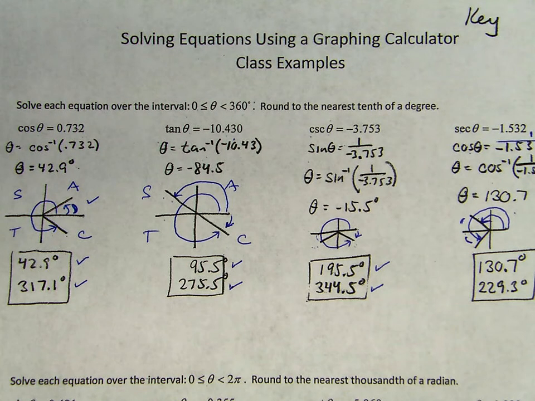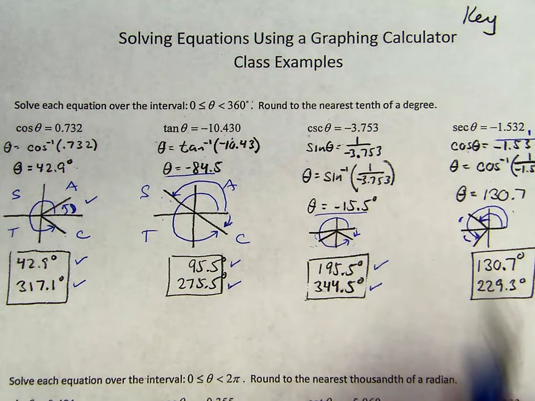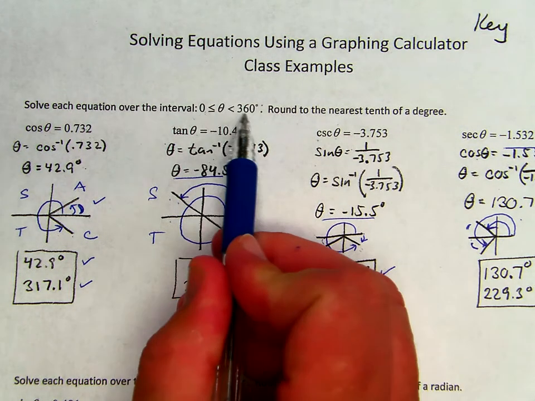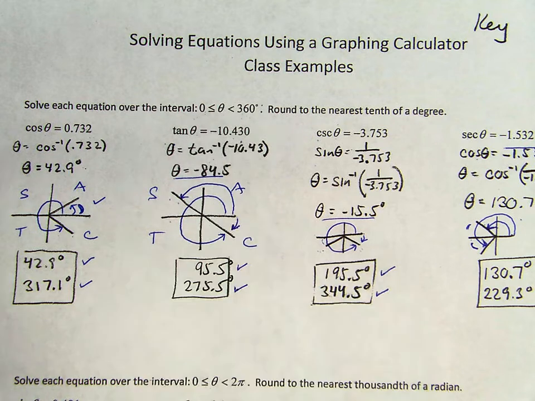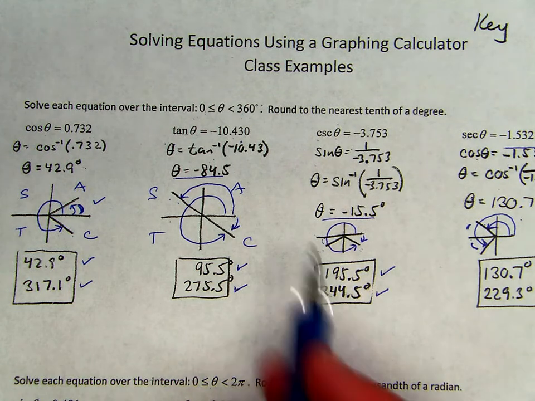All right, now a question many students have is, why is the calculator giving us those numbers that are not 0 to 360? Doesn't the calculator read our mind? Doesn't it know what we want? Well, the calculator is pretty advanced, but it's not necessarily designed to answer this question of the 0 to 360. For reasons we'll talk about when we learn more trig, there are particular reasons why the calculator gives you certain numbers.